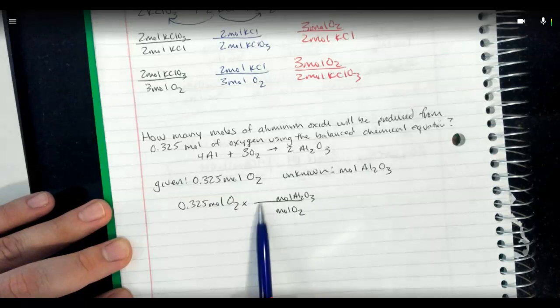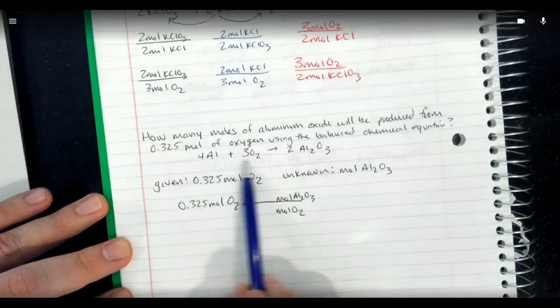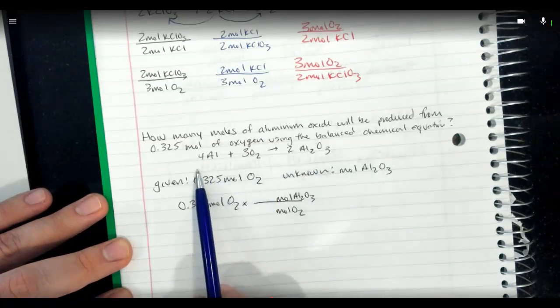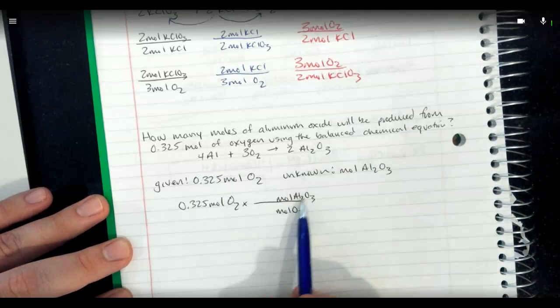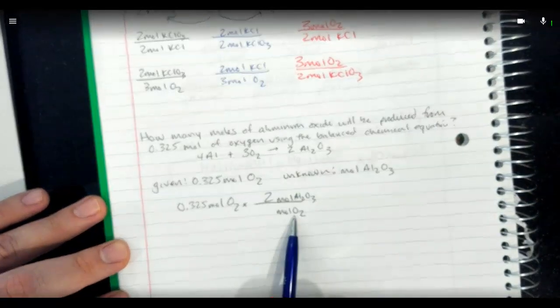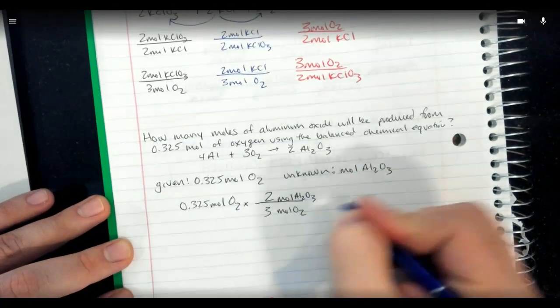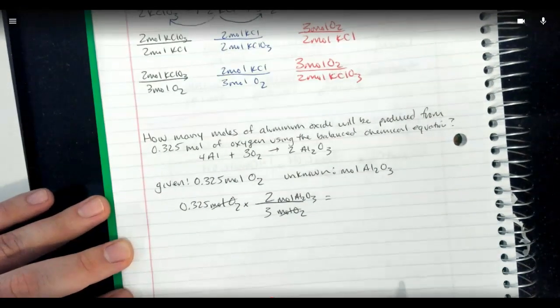Also, where do we get the values for mole over mole? Mole over mole, refer to the balanced chemical equation and use the appropriate coefficient. So that means aluminum oxide is a 2, and oxygen gas, its coefficient is a 3. So make sure the units cancel out. They do.